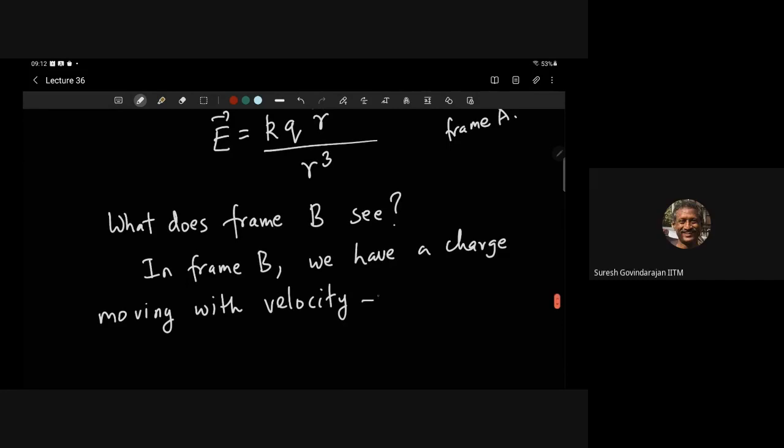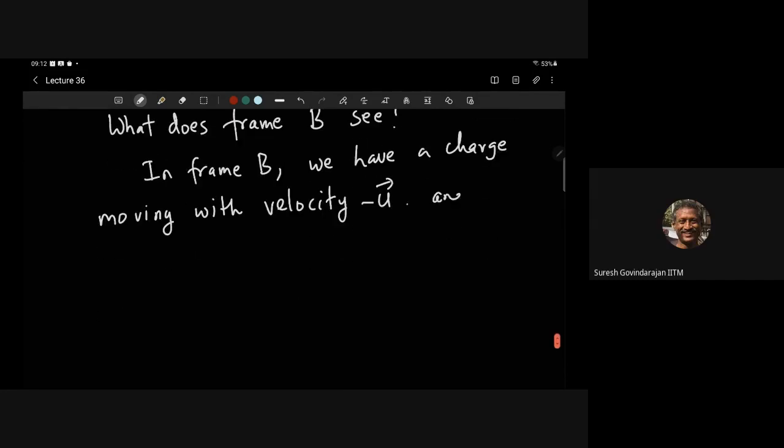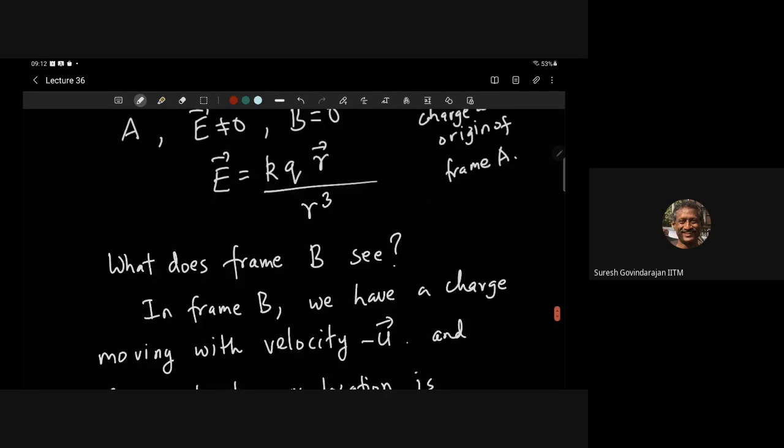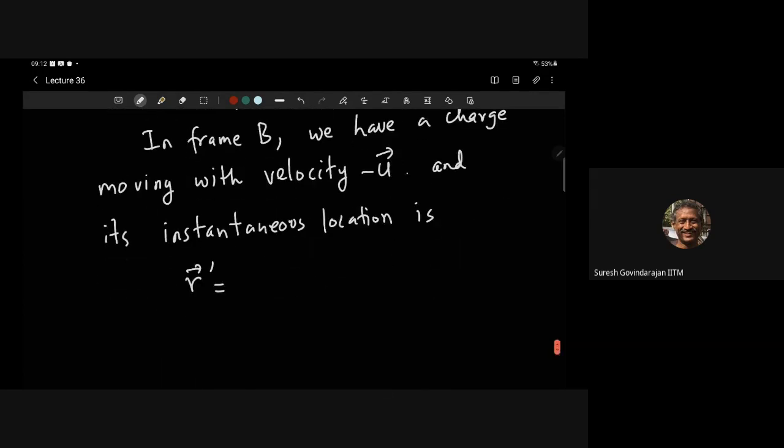Minus u. Okay, and its instantaneous location is R prime equal to, it's at the origin in R, so it will be just minus u times t prime.